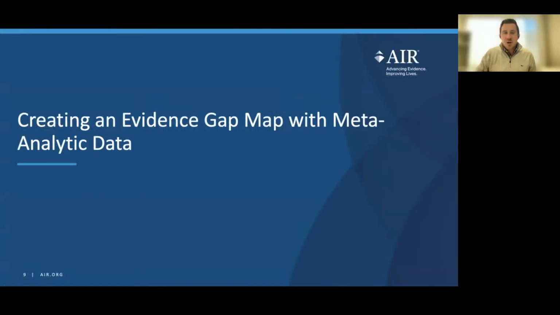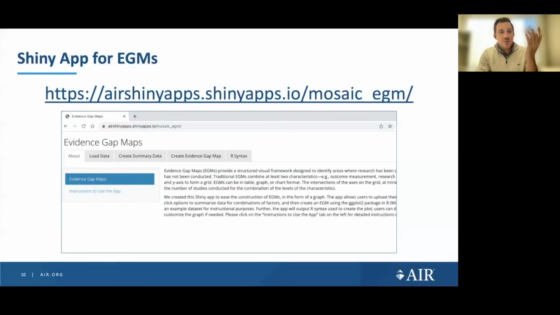So let's turn to creating one of these gap maps with meta-analytic data, in particular with our Shiny application. First things first, where can you find this Shiny application? AIR has a Shiny application server where we host various Shiny applications, and Mosaic has a couple of different ones you can take a look at while you're there.